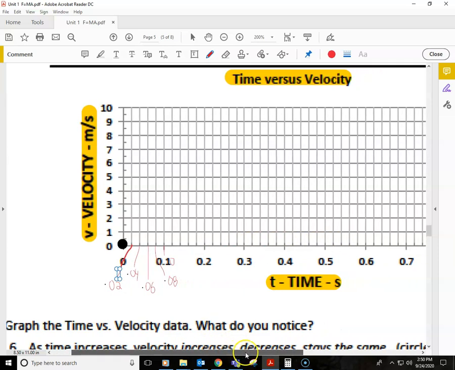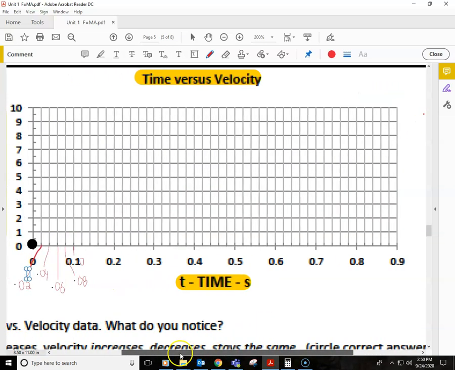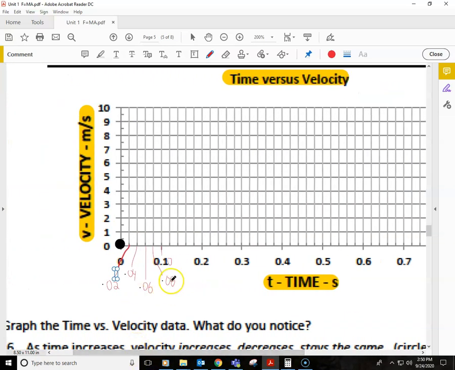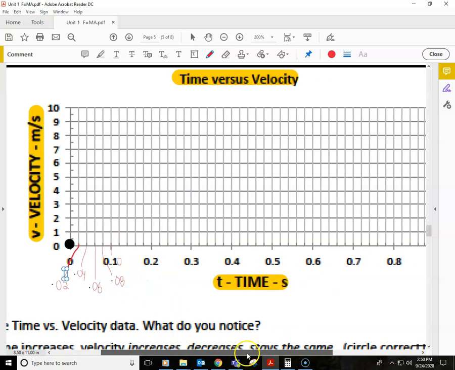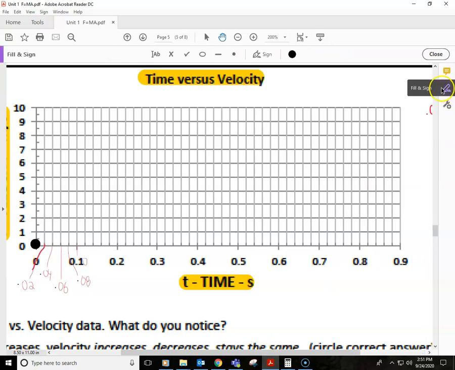So, what was my number? 0.087 and 0.92. 0.087. Well, that's almost 0.09, which would be at the halfway mark, and that's about as good as we can get, isn't it? And then we had 0.92. Once again, I want to use the dot.